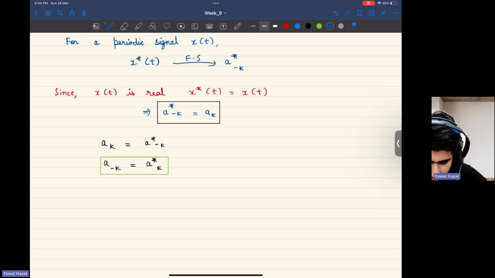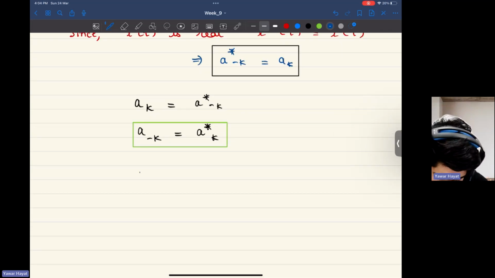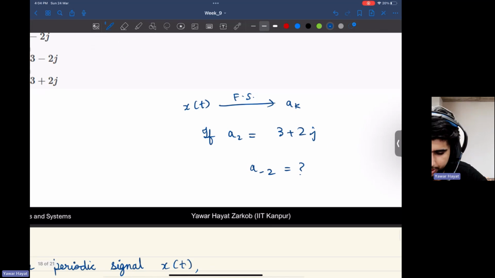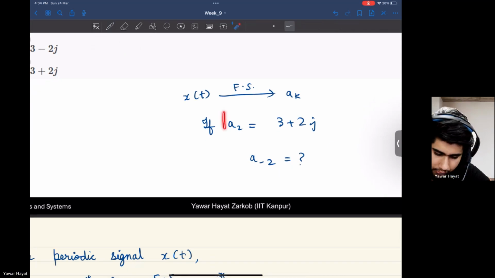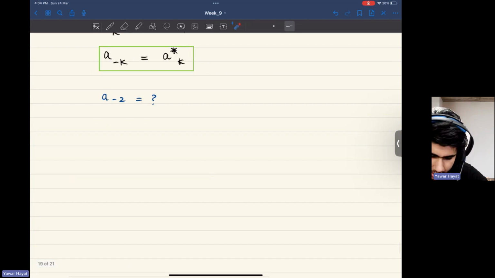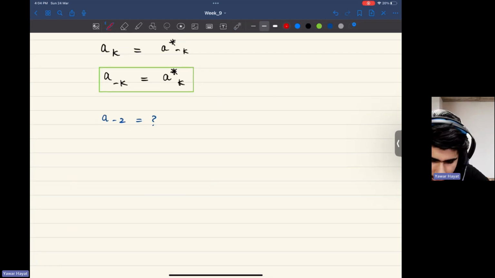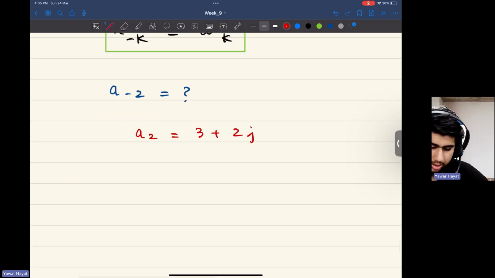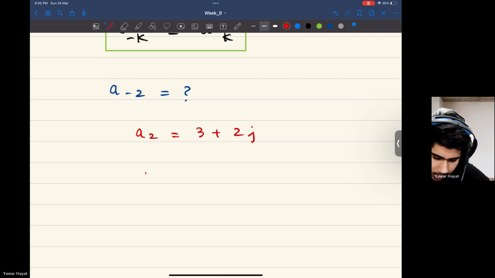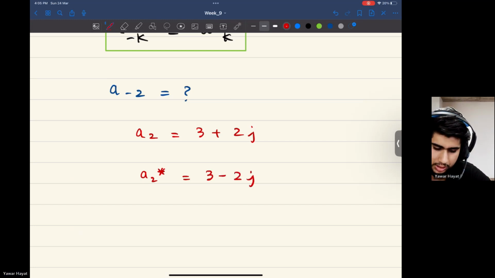So now we are interested in obtaining what a minus 2 is, right? We know a2 was 3 plus 2j. The complex conjugate of a2 will be 3 minus 2j, right?